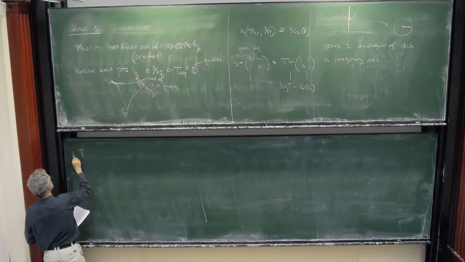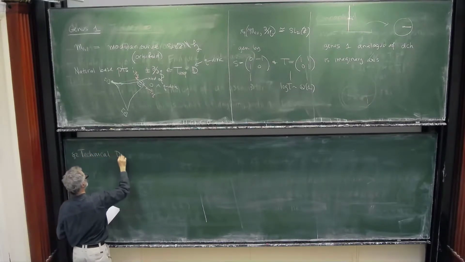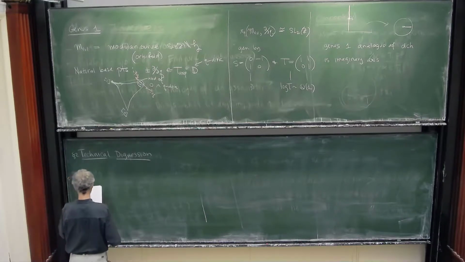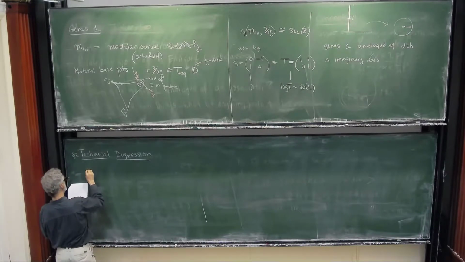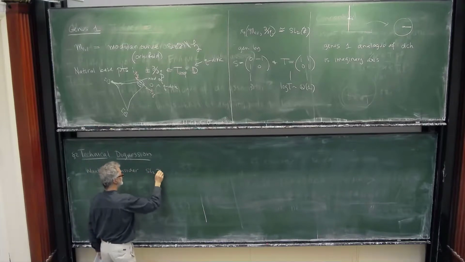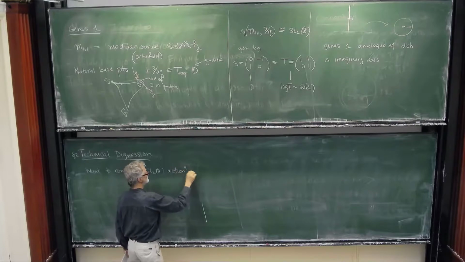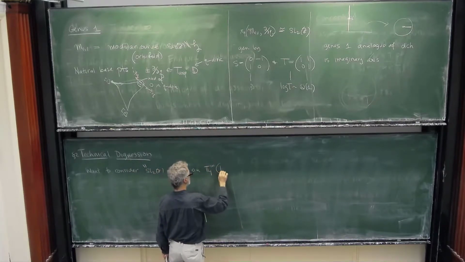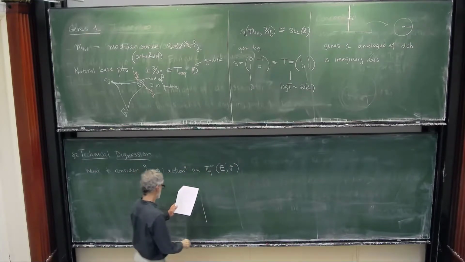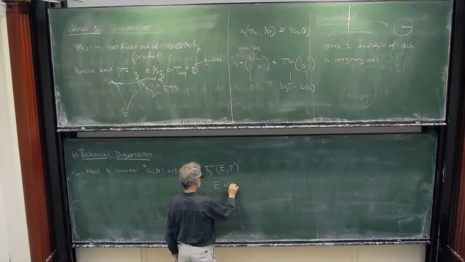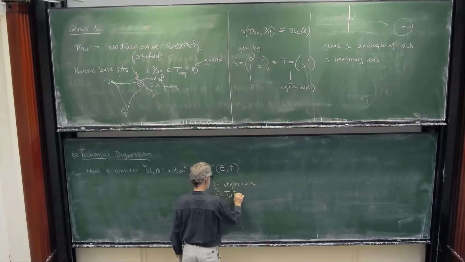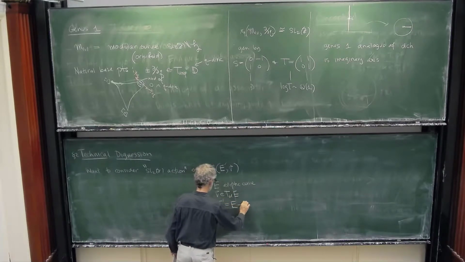I wrote, the next section is called technical digression. It's not too bad, but so, we want to consider the SL2Z action, well, the monodromy action, on pi 1 unipotent of an elliptic curve E prime, V. So E is just an elliptic curve, and V is going to be an element of the tangent space of the identity of E, and E prime is just equal to E minus the identity.